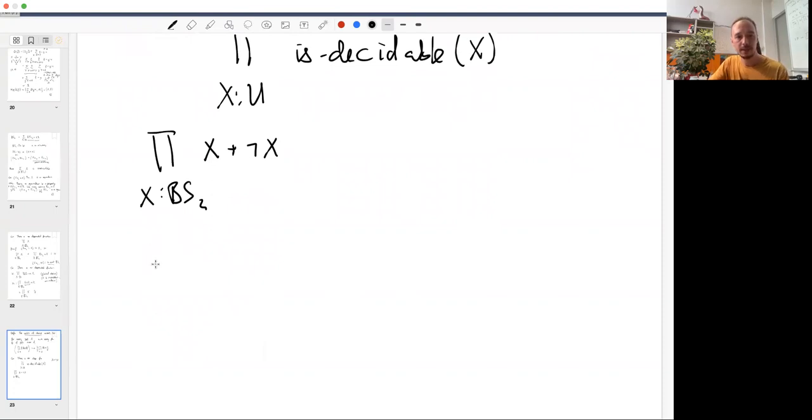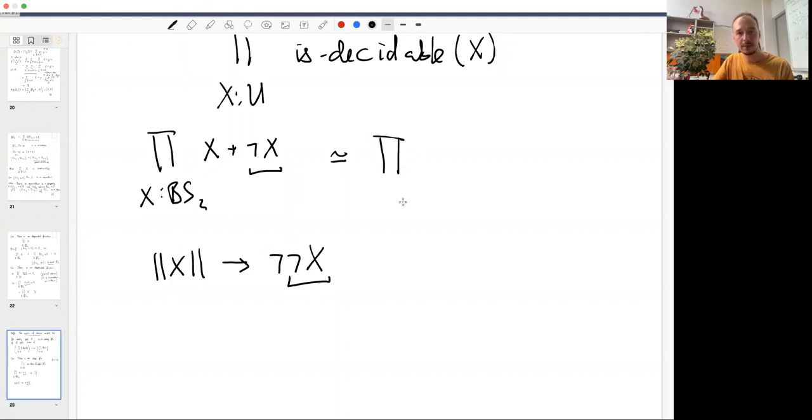Because we know that if x is in BS2, then we know that it's inhabited. And if it is inhabited, then we know that it's not empty. But if one of the components of your coproduct is empty, so here we're showing that the type of negations of x is empty, then the coproduct is just what's on the other side.